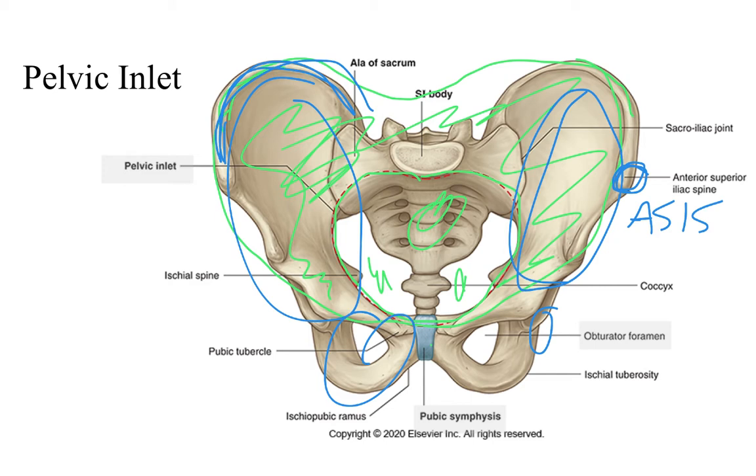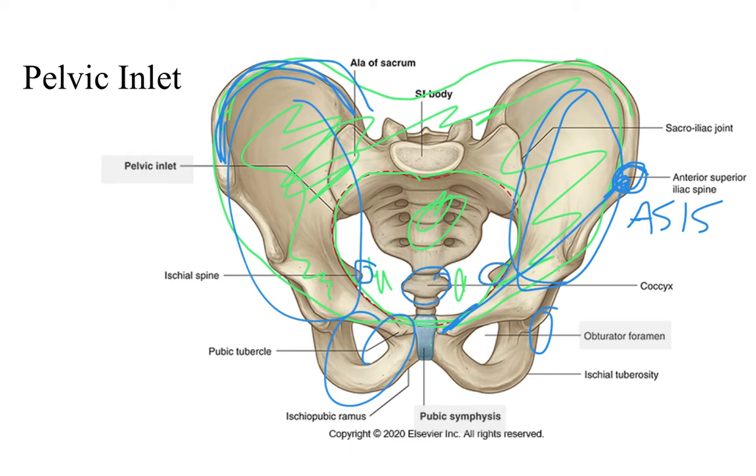That's your ASIS right there. And if you remember from previous lectures, that's the spot from which the inguinal ligament will go to the pubic symphysis. And on the posterior border of the ischium, we'll have this ischial spine, which we can see right here.